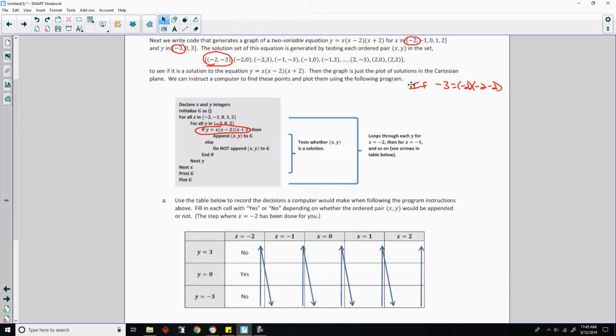Let me just move all this over. Okay, so we have -3 equals -2 times -2 minus 2. And now I just need -2 plus 2 at the end.